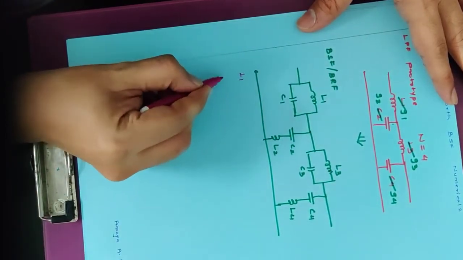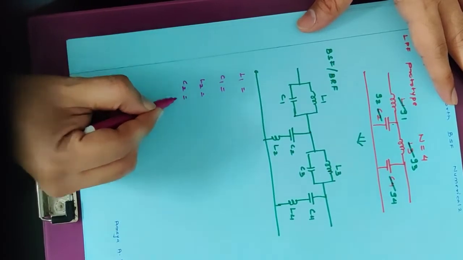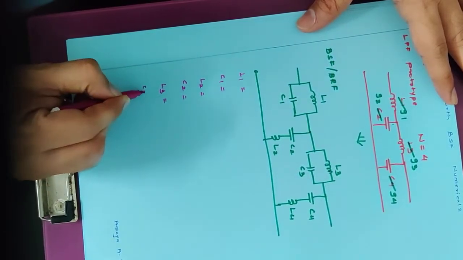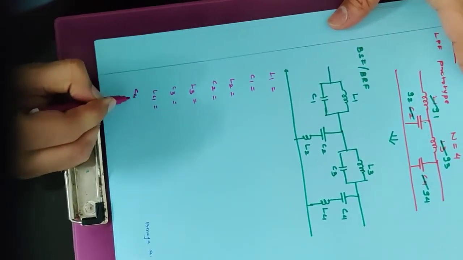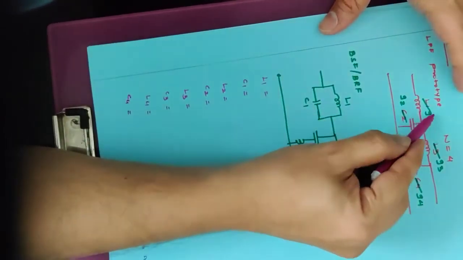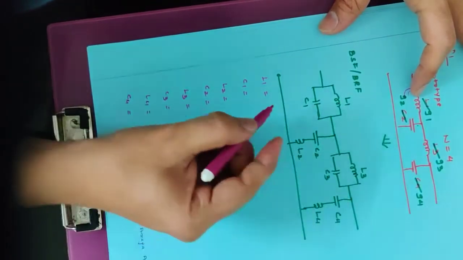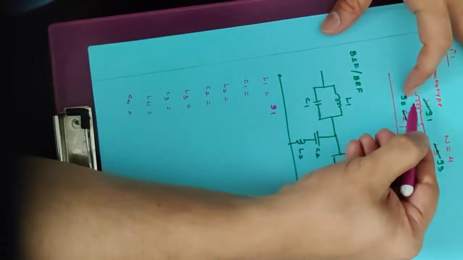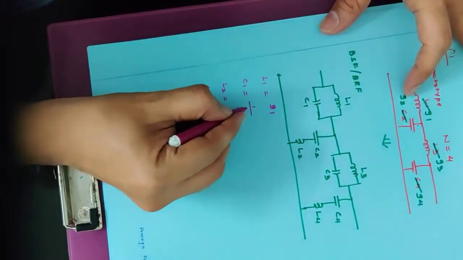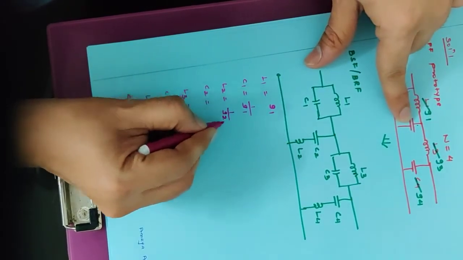Now we have to calculate these component values for the band stop filter. So I have to calculate L1, C1, L2, C2, L3, C3, L4 and C4. Here the first element is an inductor, so G1 will be the numerator. For the capacitor, the nature of the element has been changed, so it will be 1 by G1. Here it is a capacitor, so here it will be 1 by G2.